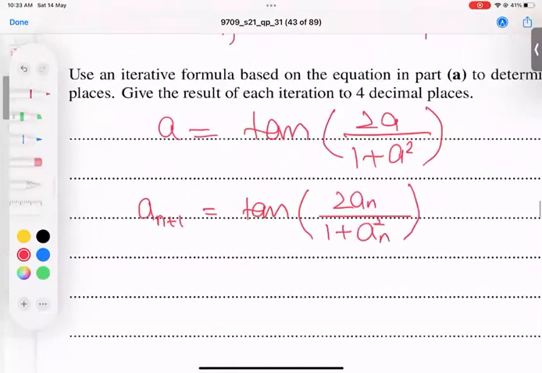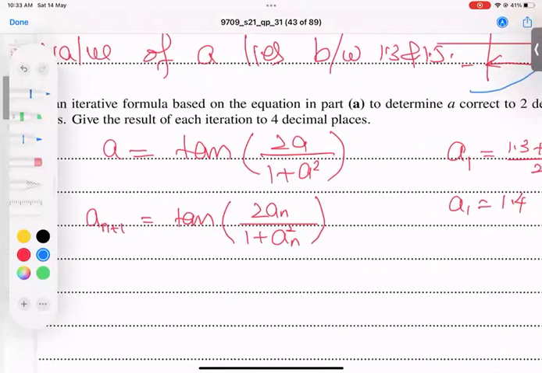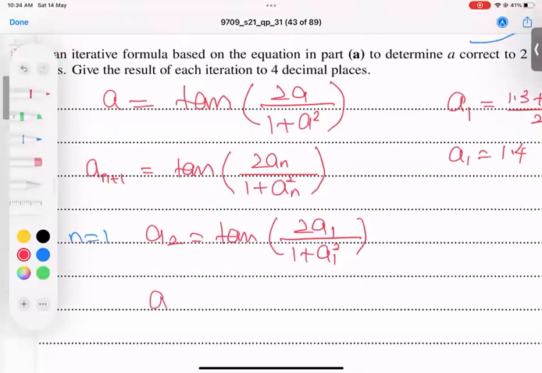So I will plug in now, a1 is 1.4. I will put it in the whole equation with n equals 1. 1 plus 1 gives us 2. 2 times a1 on top and a1 squared below. I'm going to plug in the values.